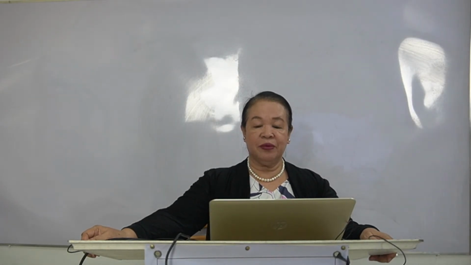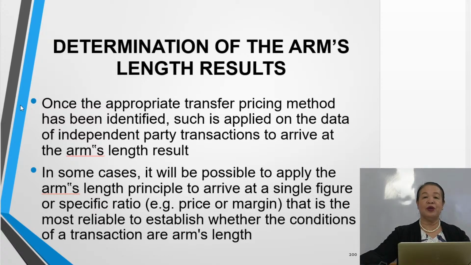What is the determination of arm's length results, and what is arm's length? As a way of integration, let us just go back. Since we said transfer pricing is observing the arm's length principle, that is what transfer pricing follows. What is the arm's length principle?